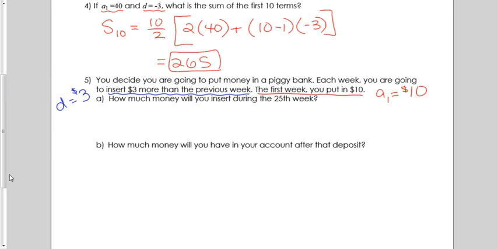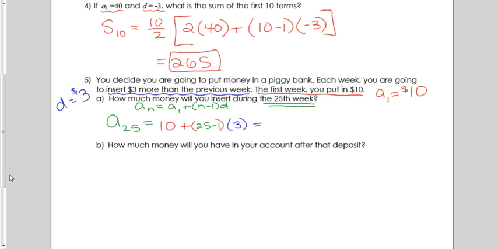Part A asks how much money will you insert during the 25th week. So this is only how much you put in the 25th week, which would be the 25th term. So I can plug into my formula again from the formula sheet for an arithmetic sequence: A sub n, which is A sub 25, equals A sub 1, and our first term here was 10, plus n minus 1, so 25 minus 1, multiplied by our common difference, which was 3.